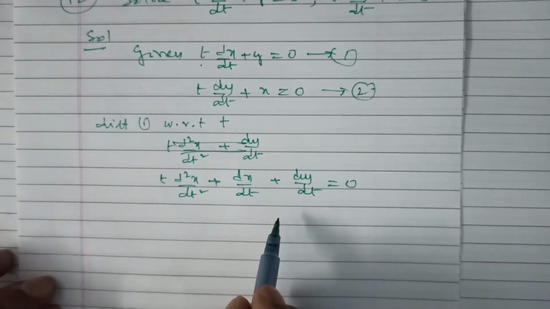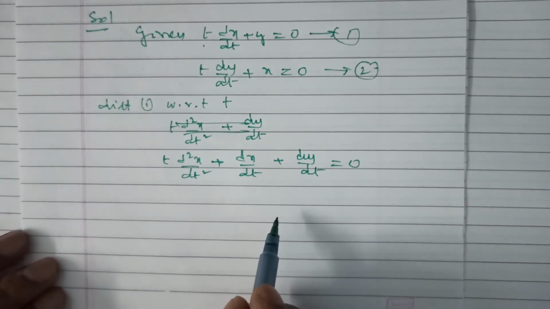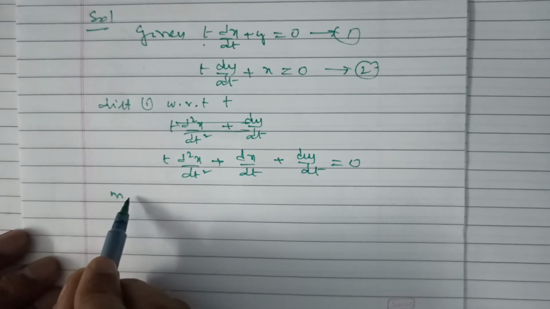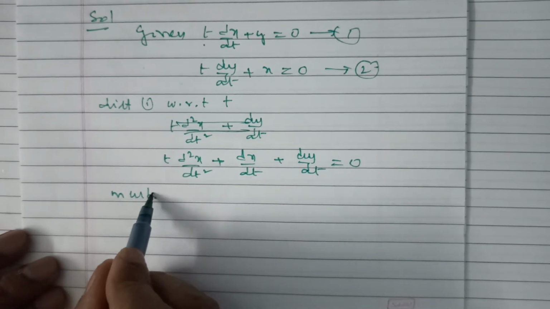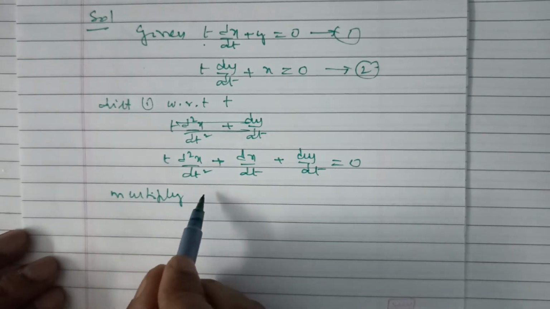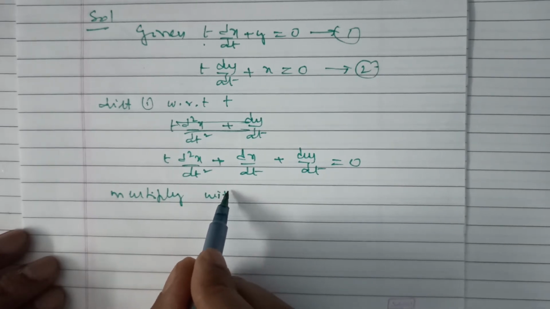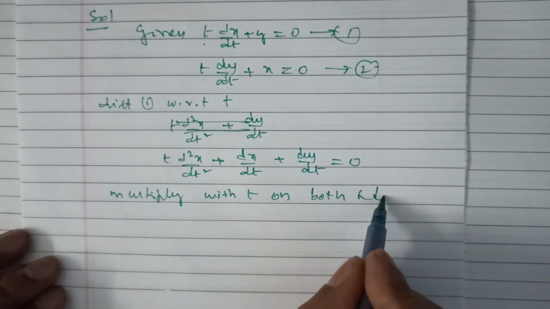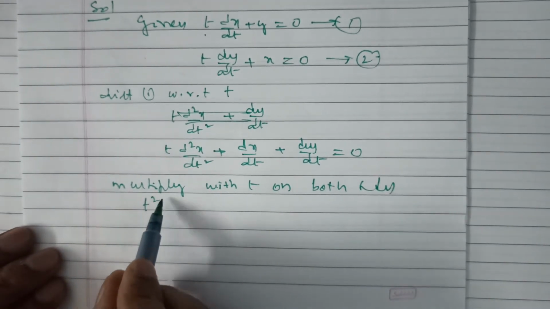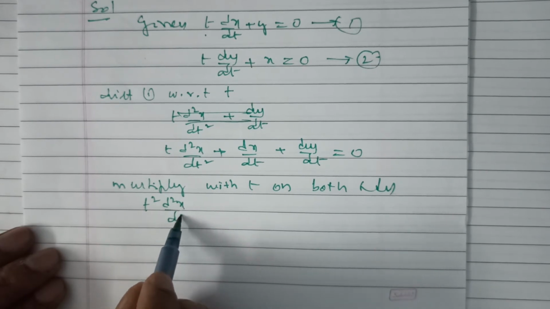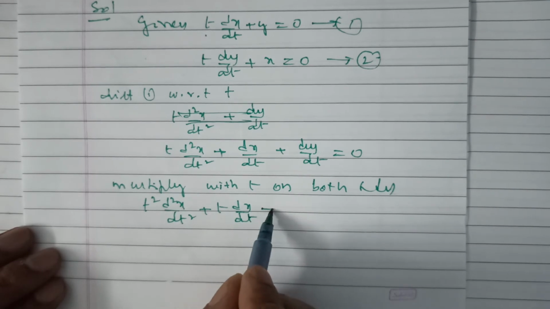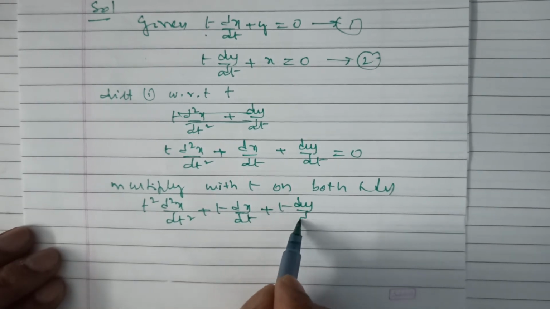Next, multiply this equation with t on both sides. What will we get? t² d²x/dt² + t dx/dt + t dy/dt is equal to 0.